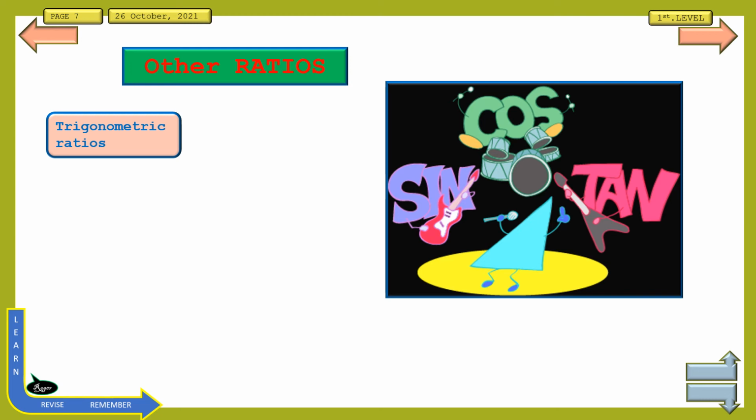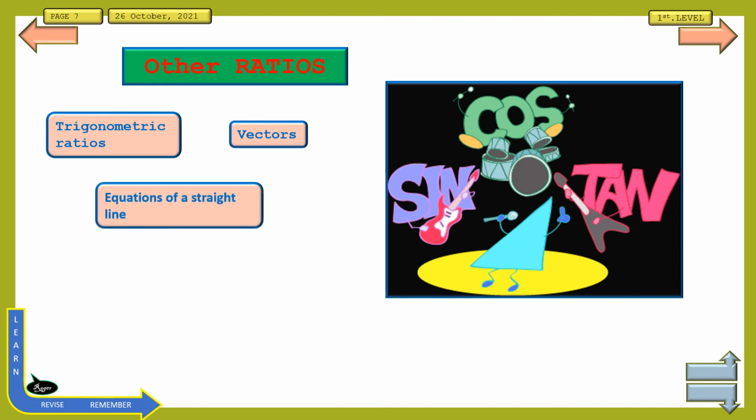Vectors are used to represent items that have a quantity and a direction. However, they are very closely related to ratios. Equations of a straight line are an extension of rise over run. Pythagoras' theorem relates the rise over run to the length of the hypotenuse.